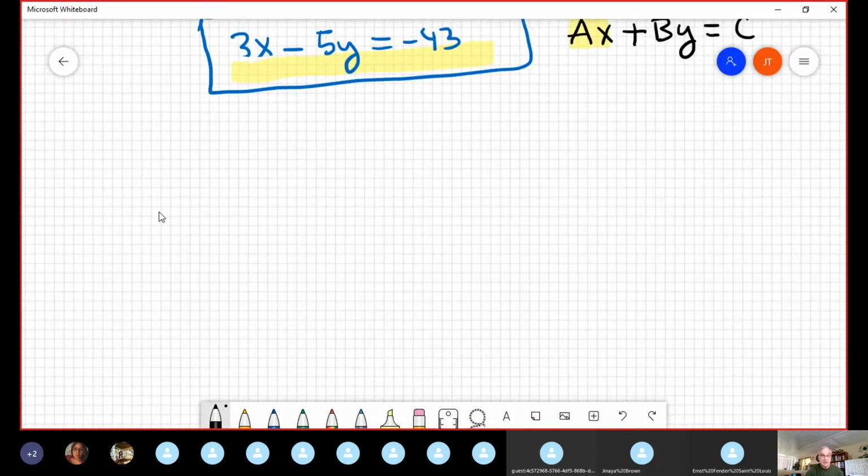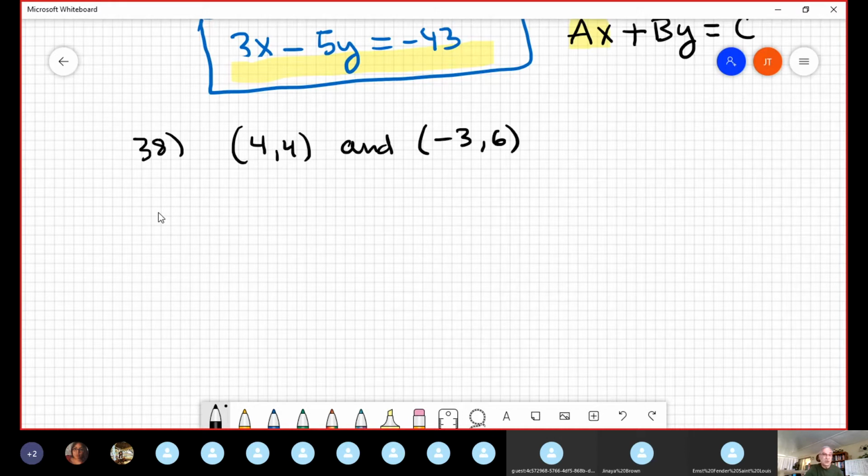38. Same idea. 2 points are given: (4, 4) and (-3, 6). Okay, guys, try. Step 1, compute the slope. I like to set out the formula. I call x1, y1, x2, y2.